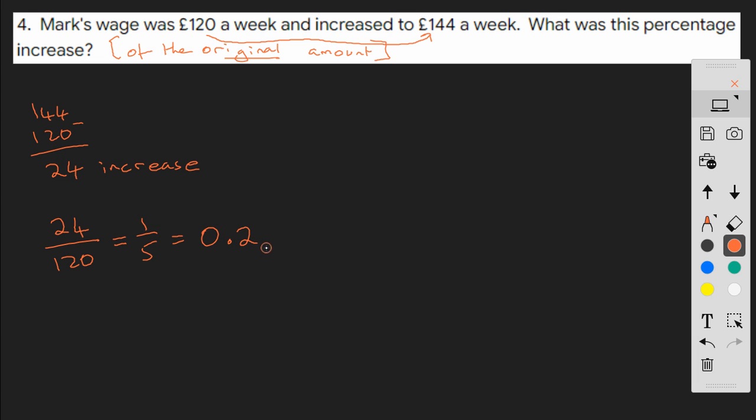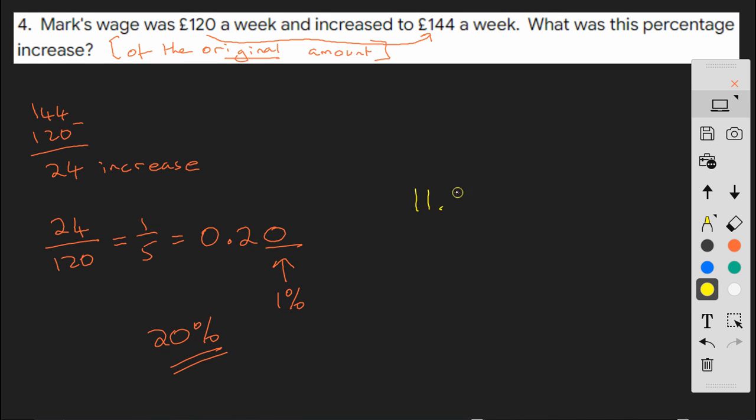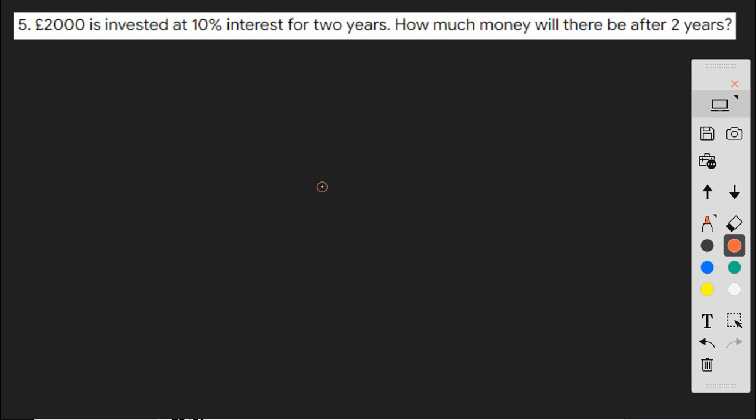Now we should recognize that this is our 10% column. So if we've got nothing in there, then we have 20%. Okay, so if you need to go and practice that, where you need to go is nugget 11.04.